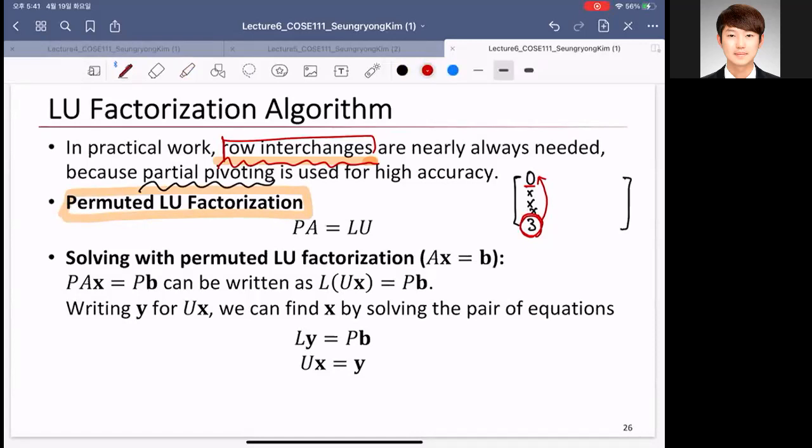If we already know what kinds of row interchanges can be used, then we can formulate this row interchange by a matrix P. Matrix P, which can interchange each row. Right?